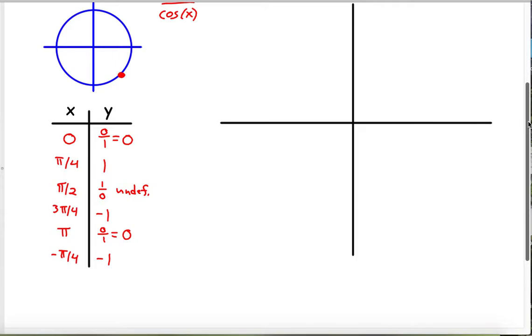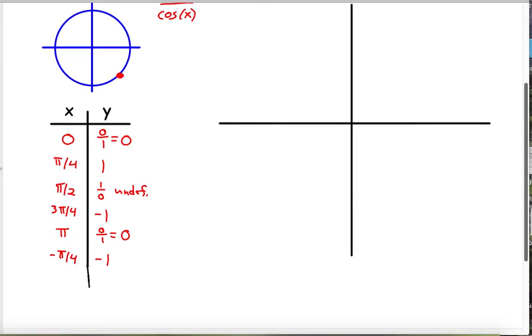How about if I go down to negative pi over 2? We know the sine is negative 1, the cosine is 0, and once again it's undefined. So we're going to have another vertical asymptote.